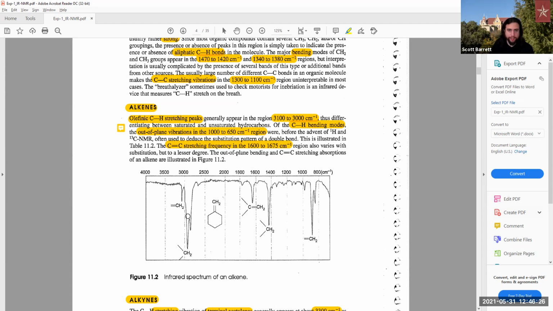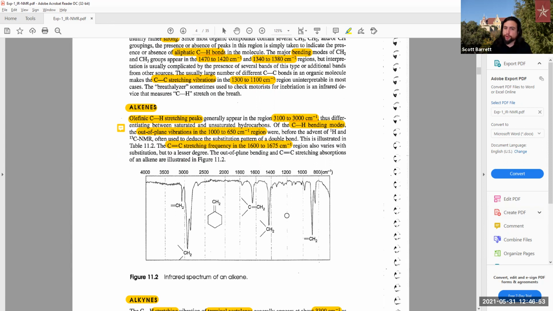We can say the alkane here is in the higher 2,800 to 3,000 region, as they were speaking of here. And then finally, the alkene is even higher because it's a higher required energy for this stretching. So stretching requires a lot of energy, whereas the bending modes, the out-of-plane vibrations that they're talking about, as we spoke of in the theory, require less energy.